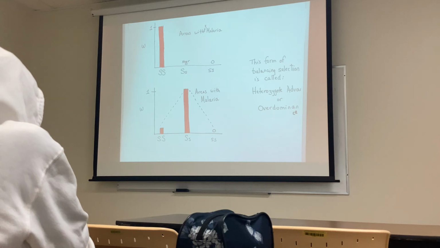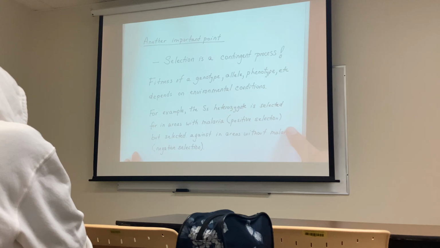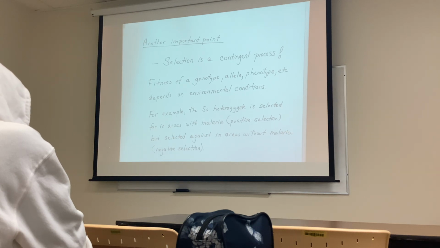And this brings up a point here. Okay, and it's this. Selection is a contingent process. What that means is that what's good in one environment may not be good in another environment.